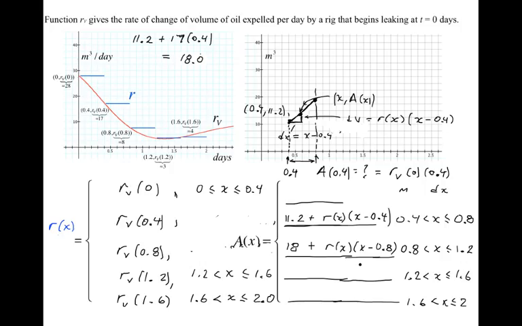R sub B of 0 is the same as R of 0, R of 0.1, R of 0.15, R of 0.3, R of 0.4, right? It's all that constant rate. I just picked that because someone said it, so I wrote it down. But any R of any x value in the first interval is going to give us the same, constant rate in the first interval.